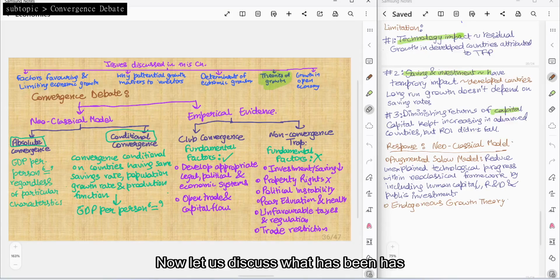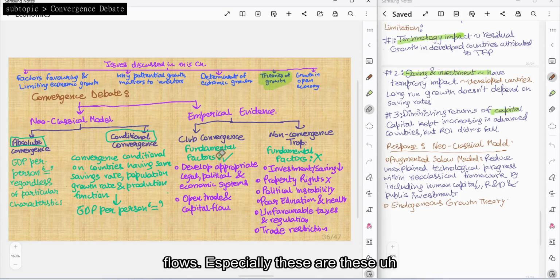Now let us discuss what has historically been seen. So there are two things here, club convergence and the non-convergence trap. By club convergence we could say that these are the club of developing countries which have good fundamental factors. That's why they are on the convergence path. So they have developed appropriate legal, political, and economic systems and open trade and capital flows.